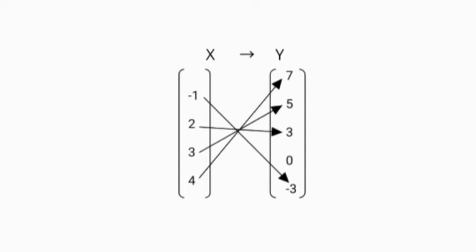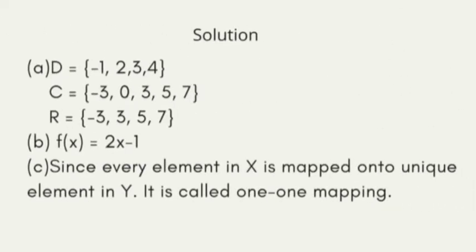Here is the question. The domain D are all the elements in X, which are -1, 2, 3, and 4. And the codomain are all the elements in Y, which are 7, 5, 3, 0, and -3. Range is a subset of the codomain.